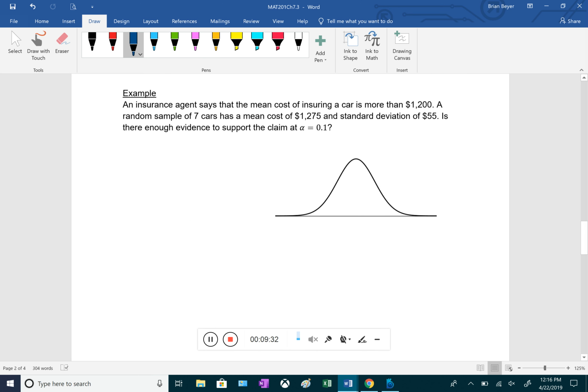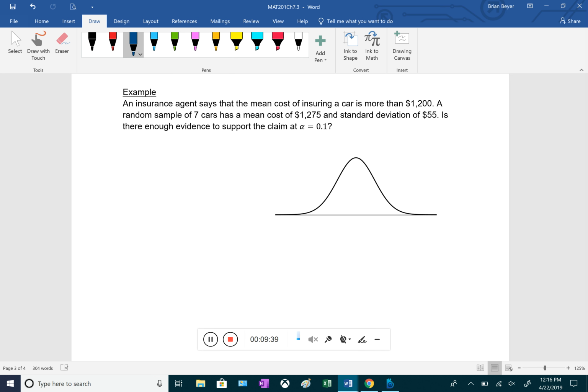Let's do another one. An insurance agent says that the mean cost of insuring a car is more than $1,200. Once again, this is the claim. More than is greater than, so mu greater than 1,200.